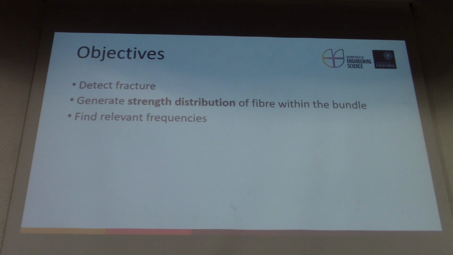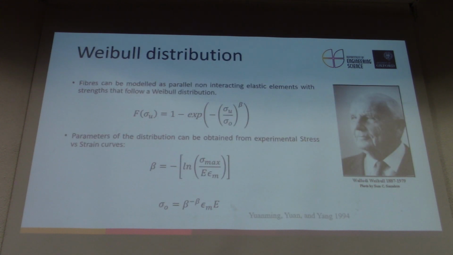But now we will compare it also against a distribution that is already quite popularly used when studying fiber bundles, which is the Weibull distribution. And here in the picture you can see Mr. Weibull. There are ways to find the parameters of the Weibull distribution.